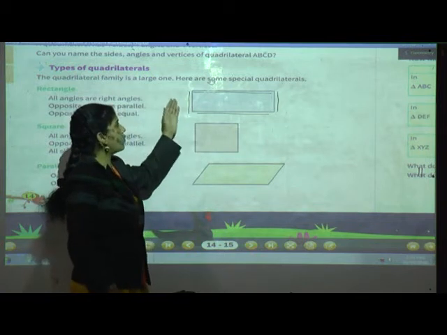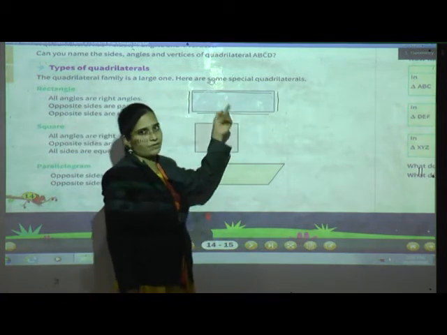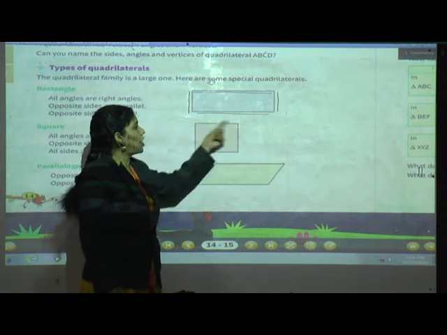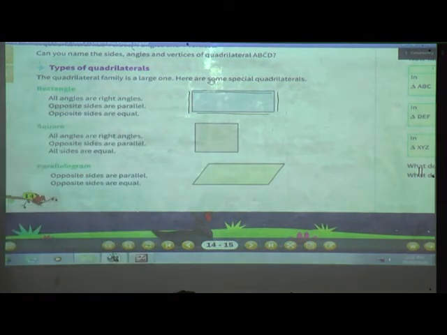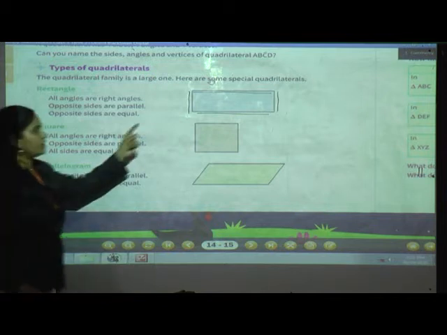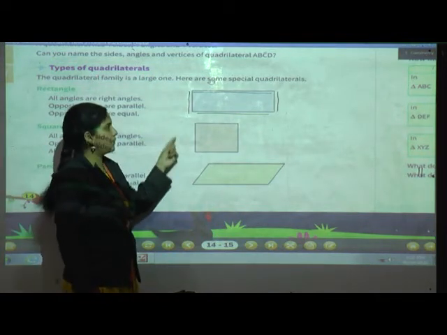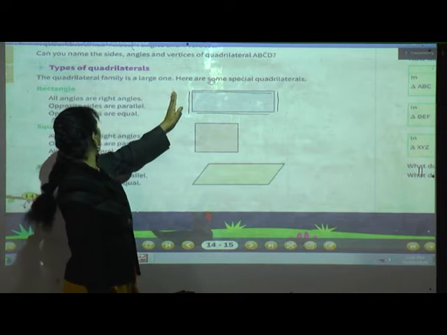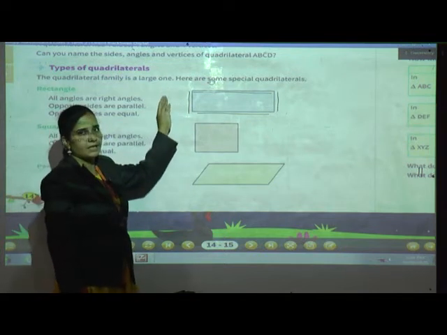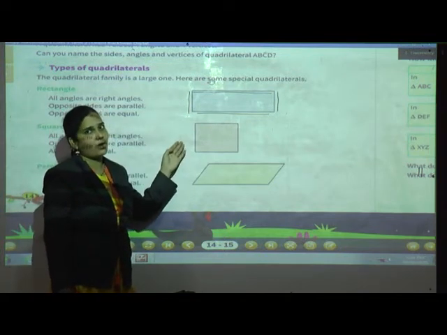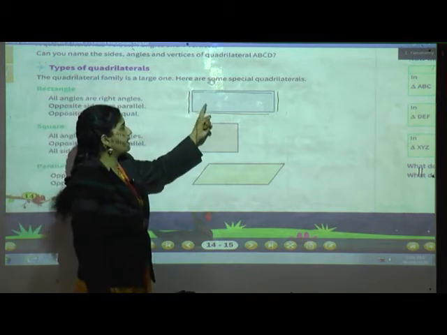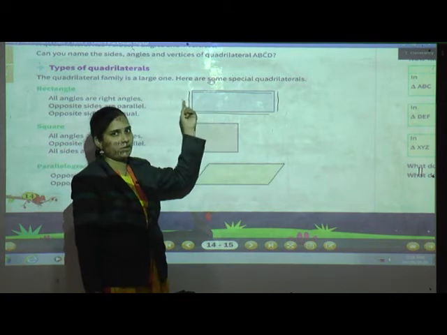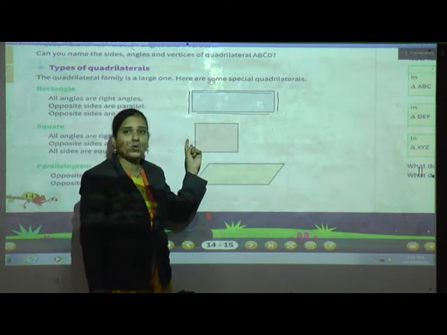In rectangle only opposite sides are equal, but in square all sides are equal in length. So this is the difference between rectangle and square.